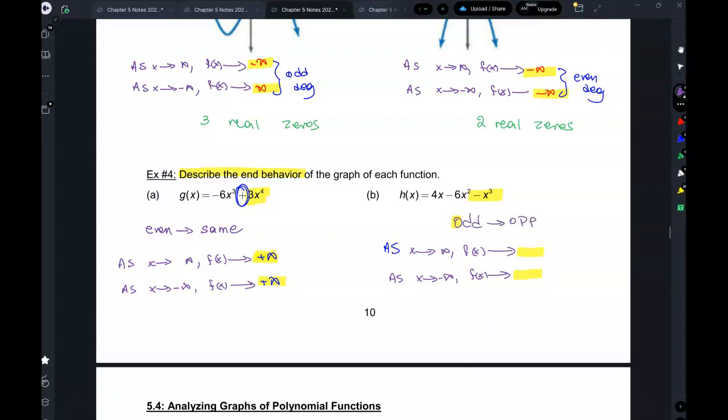So one of these is going to be positive, one of them is going to be negative. Okay. Always write it in this order. So now look, is this negative or positive? Negative. That means the first one will be negative and the next one will be positive.